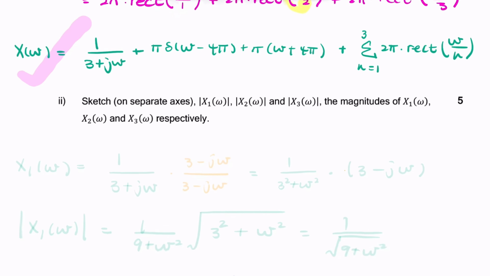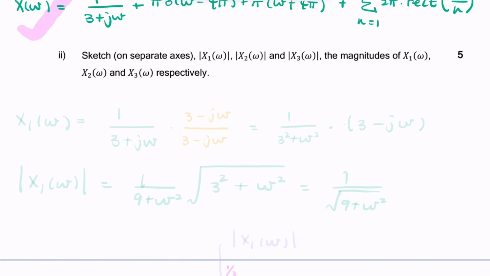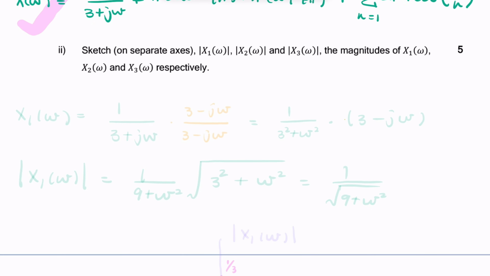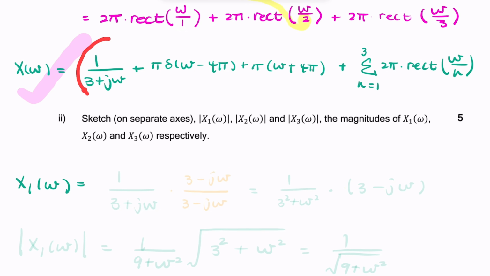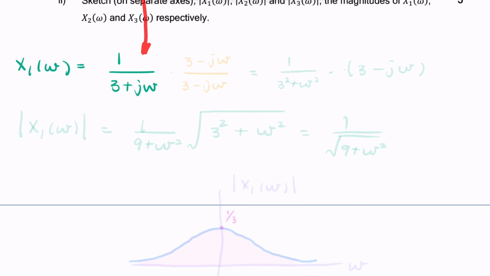So the question goes on to ask for sketches of the magnitude of the Fourier transform of x1, x2, and x3. So if we remember that x1 is 1 over 3 plus j omega, then to remove the complex term from the denominator, we multiply numerator and denominator by the complex conjugate.